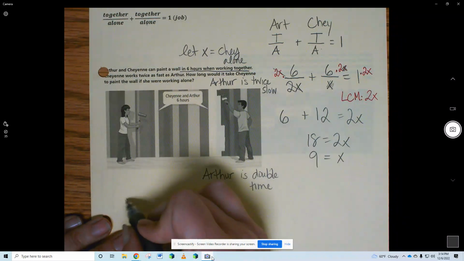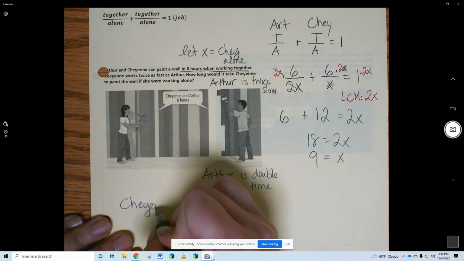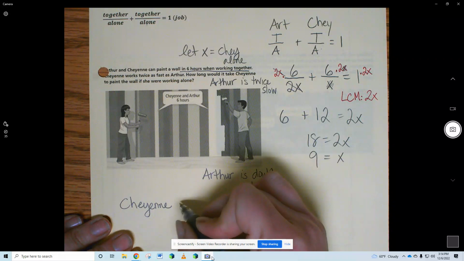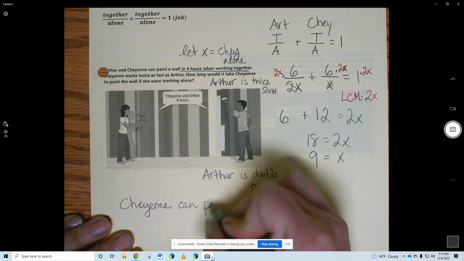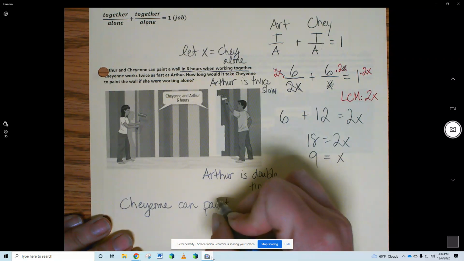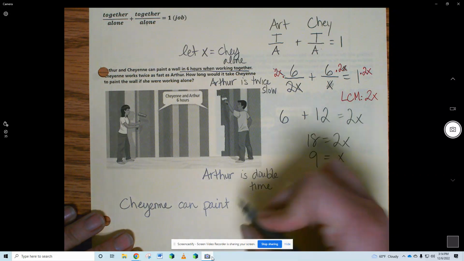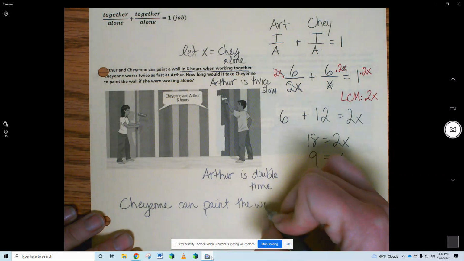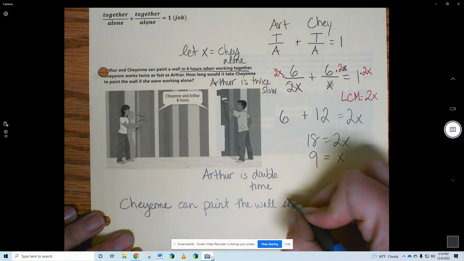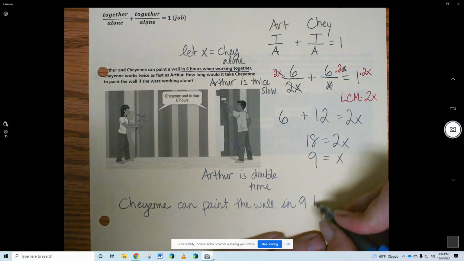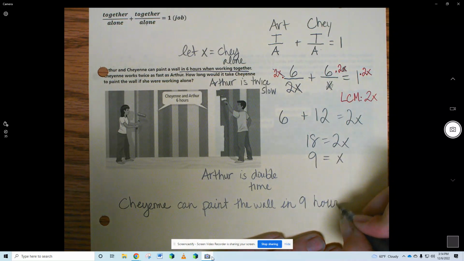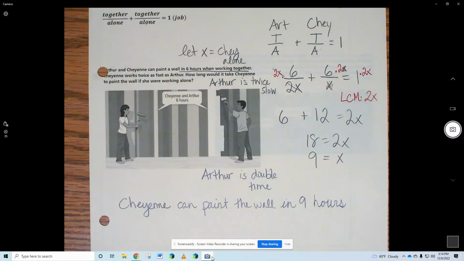Cheyenne can paint the wall. I'll do everything in cursive. Flashback elementary school. Okay. Cheyenne can paint the wall in 9 hours.